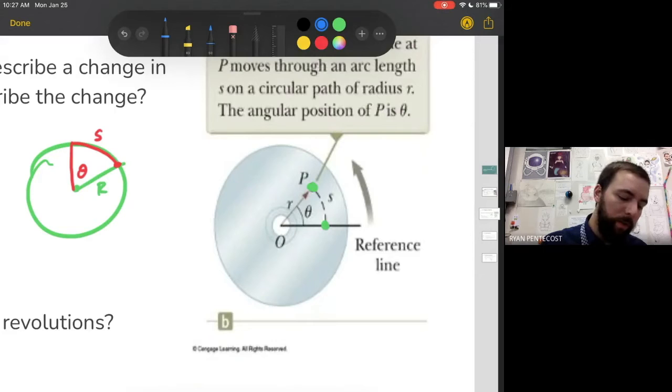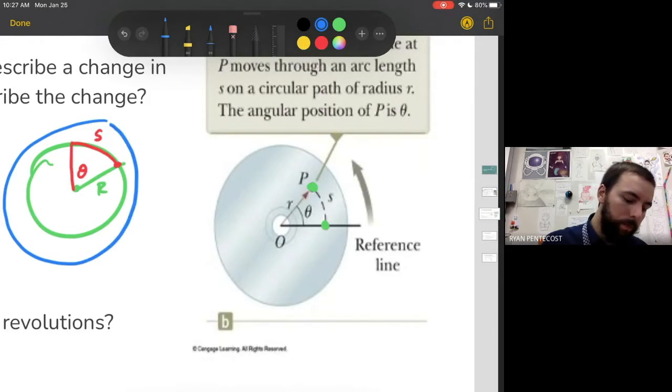Now, if you have an even bigger circle with an even bigger radius, and it were to move the exact same angle, let's call this theta 1, S1, R1, and then you've got R2, S2, and then you've got theta 2.